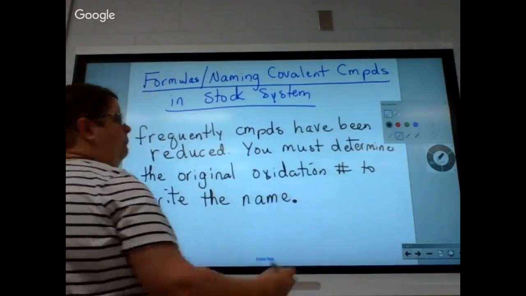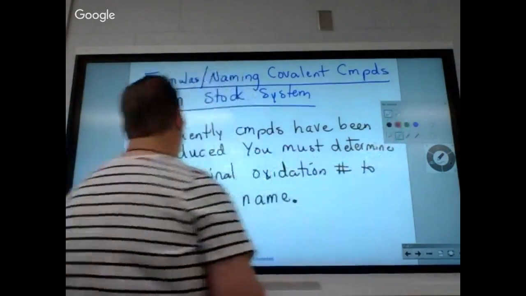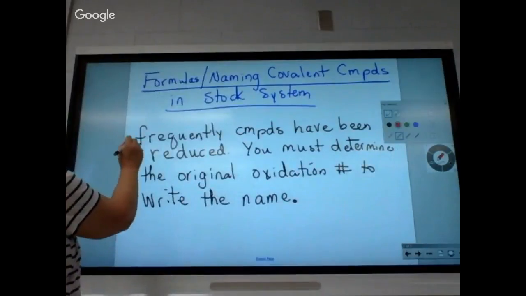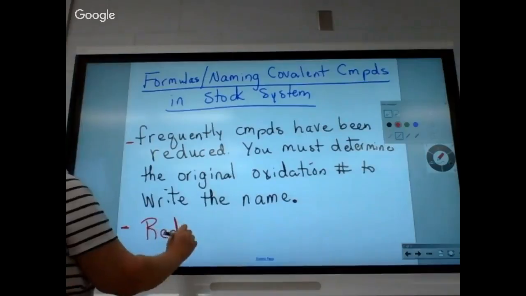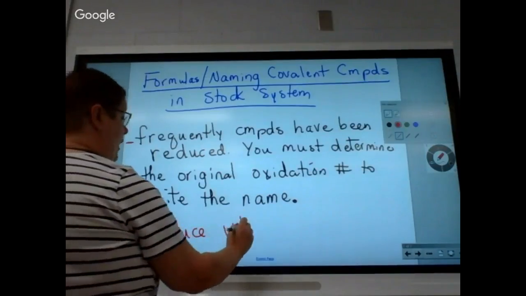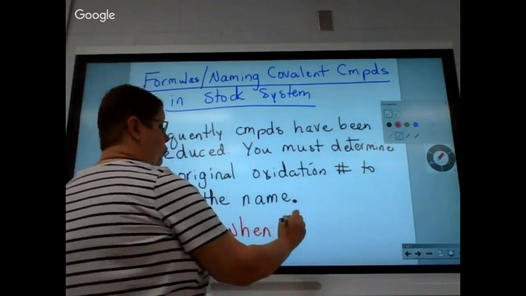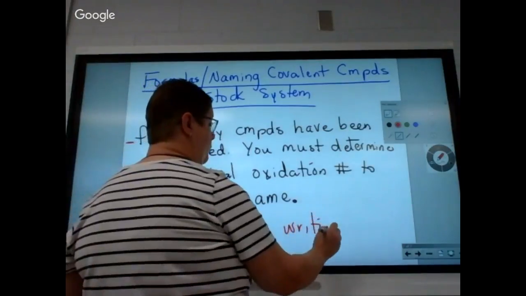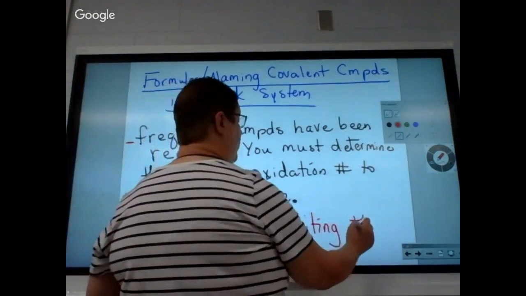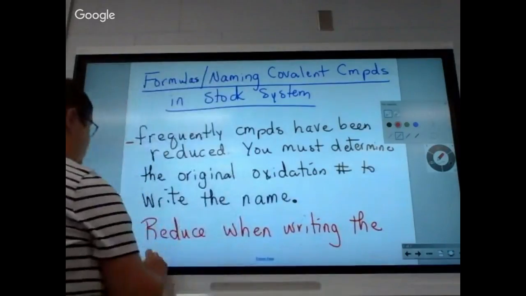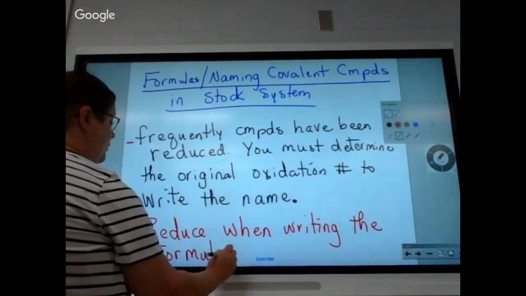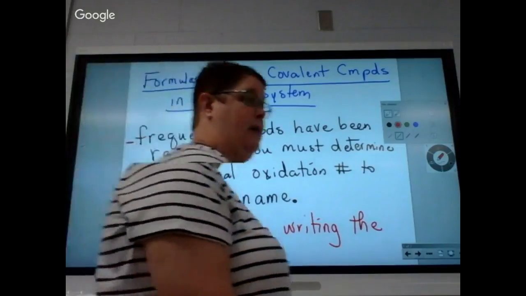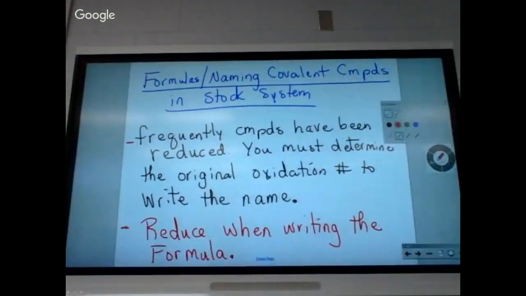That's number one. Reduce when writing the formula. Those are the only two things that make covalent compounds different with stock.